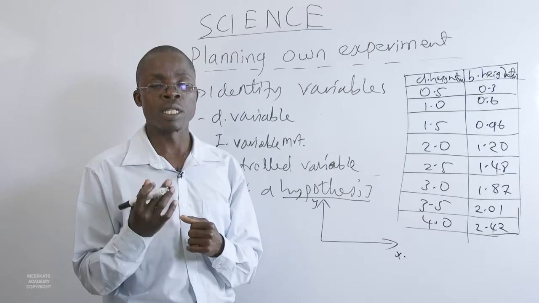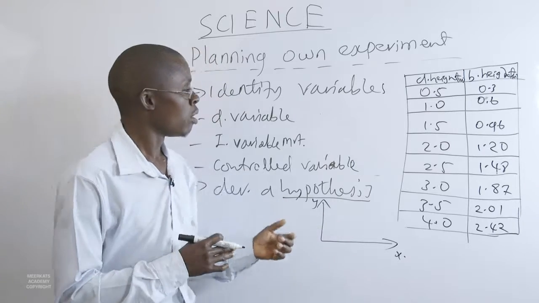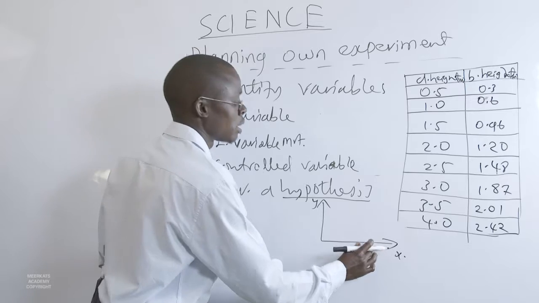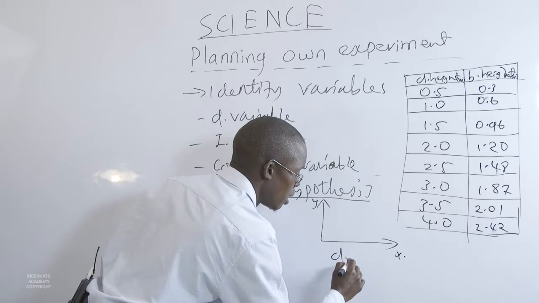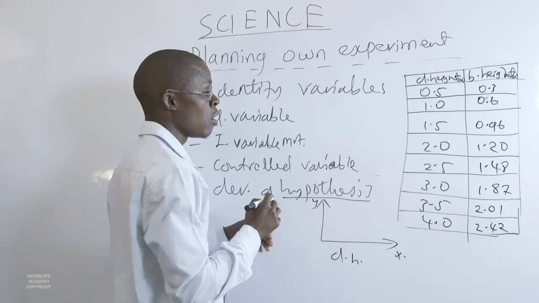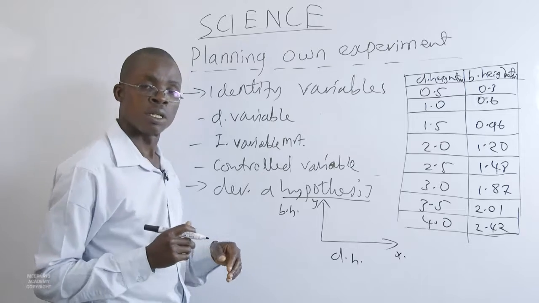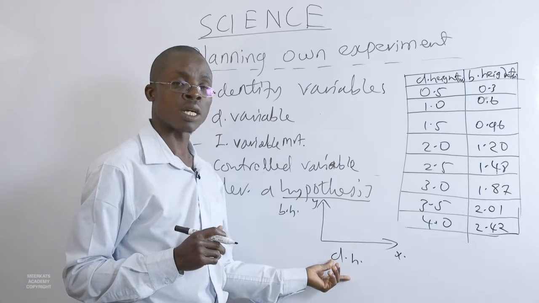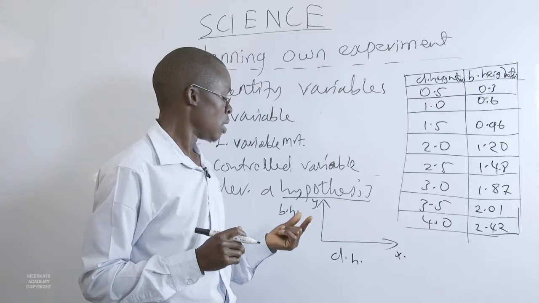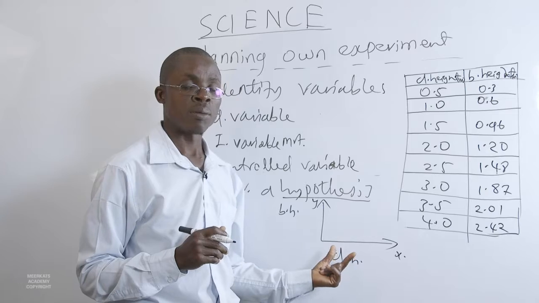What does it mean? It means bouncing depends on dropping. So if that is the case, then we shall have our x-axis carrying the dropping height. And automatically, therefore, y will carry the bouncing height. Dropping height, x-axis, bouncing height, y-axis. Reason? Bouncing height depends on dropping height.